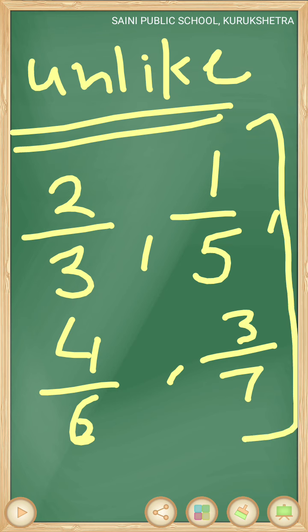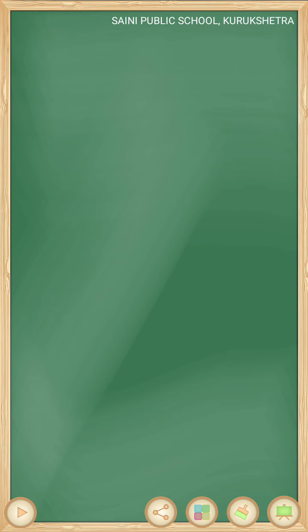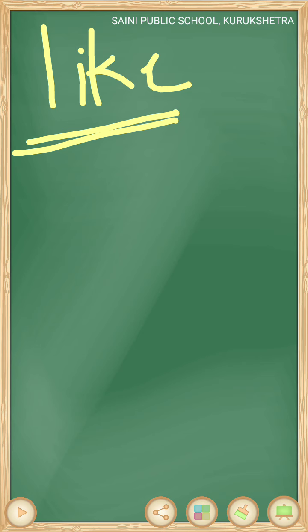Why? Because they have different denominators. So fractions with different denominators are called unlike fractions. Okay. Now we will add like fractions. Today's topic is how we can add like fractions. Today we'll discuss only like fractions.